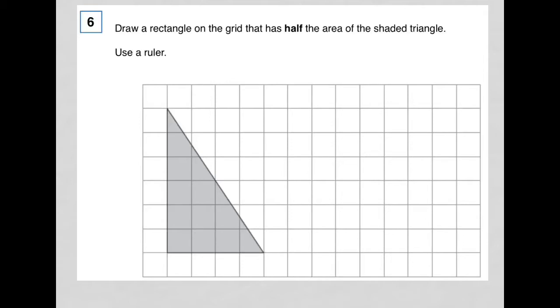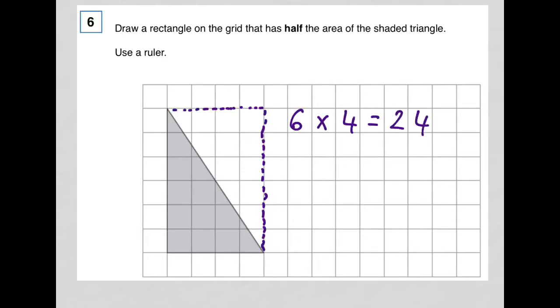Okay, so the triangle is 6 squares on this side, so I'm going to assume centimetres, and 4 squares on this side. So if it were a complete rectangle, the complete rectangle's area would be 6 times 4, which is 24.